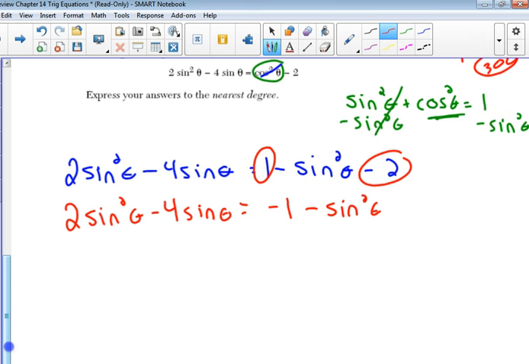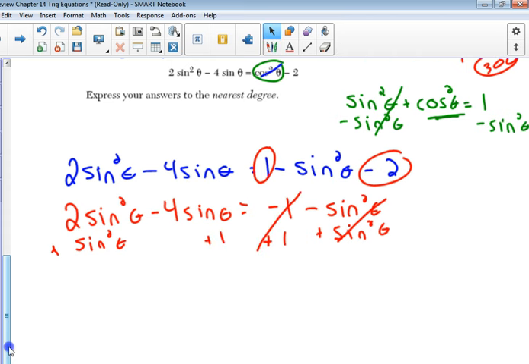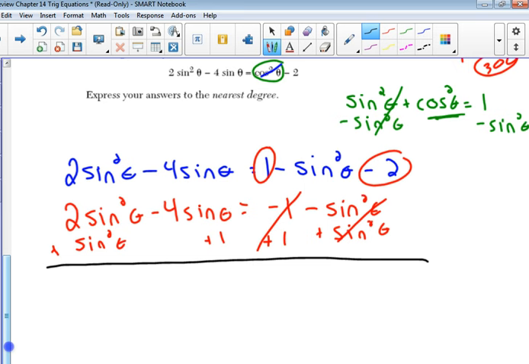You want the squareds to be positive, so let's add the sine squared over. I'm going to add the 1 over too. 2 sine squared plus 1 sine squared gives me 3 sine squared minus 4 sine theta plus 1 equals 0.